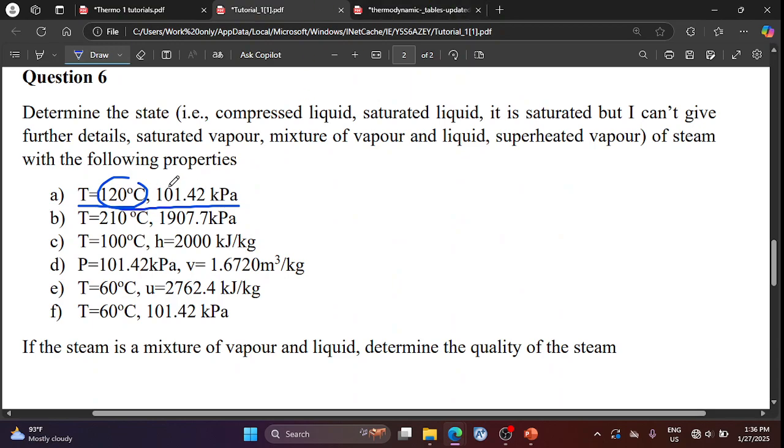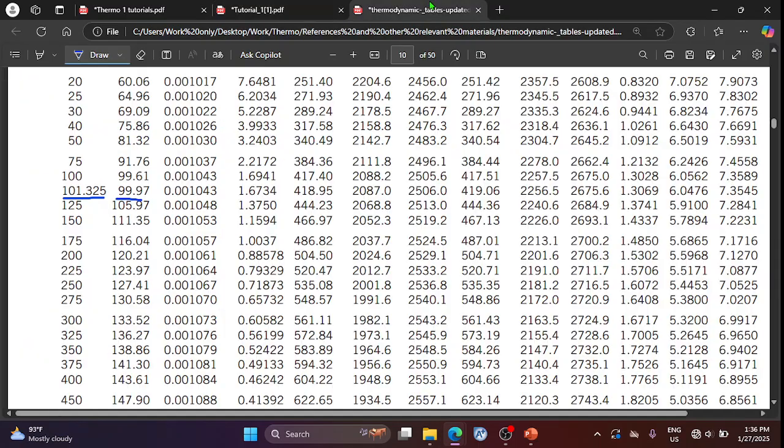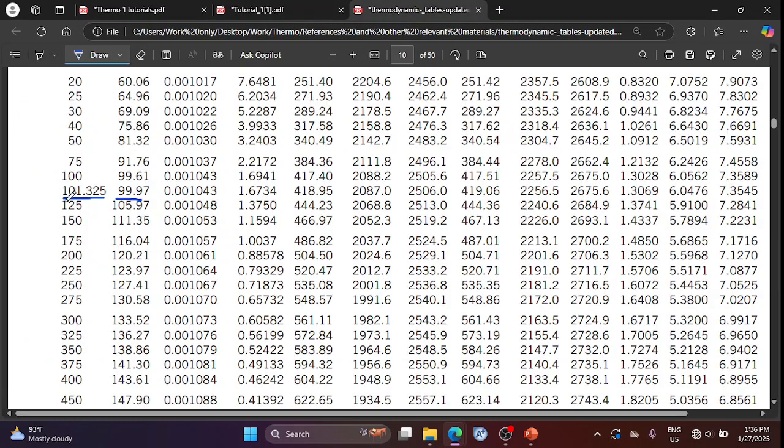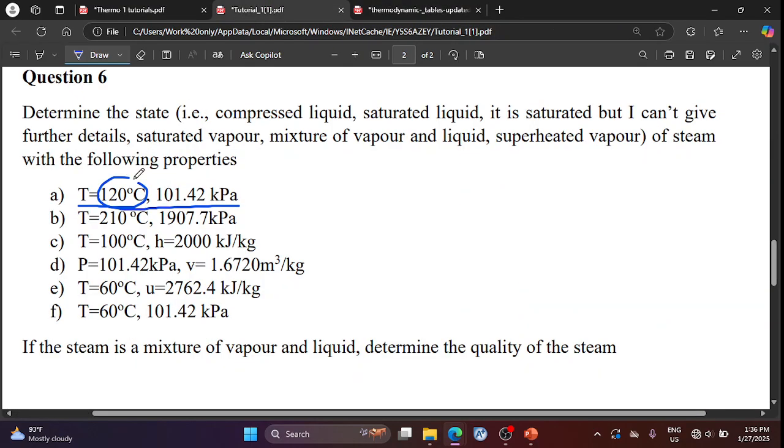Sorry, I made a mistake earlier when I said it was compressed. It was superheated. So I'll re-explain it from that angle, right? What I'm trying to say is that at 101.3 kilopascal, if you're working with 99.97 and we are using a temperature of 120, which is more, then we are going to become superheated.